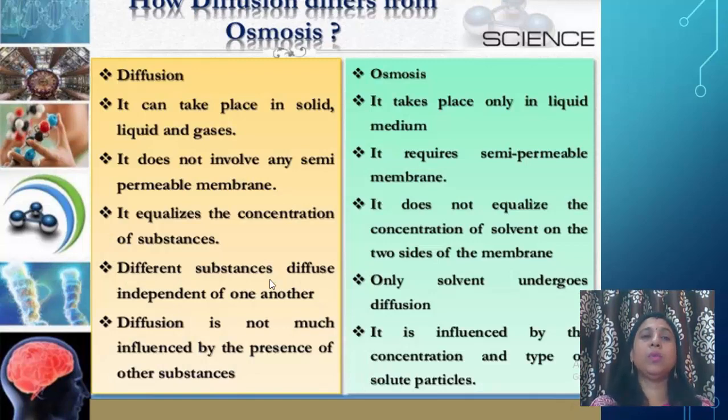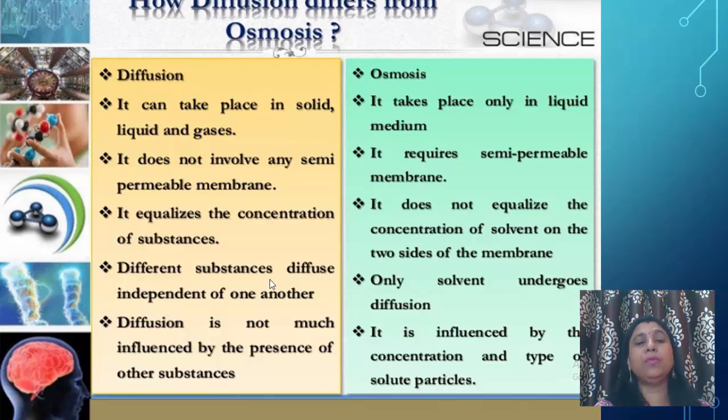Now, difference between osmosis and diffusion. Diffusion can take place in solid, liquid and gases, whereas osmosis takes place only in liquid medium. There is no involvement of semi-permeable membrane in diffusion, whereas osmosis requires a semi-permeable membrane. In diffusion, it takes place until the concentration of the two media is equal, means it equalizes the concentration of substances, whereas in osmosis it is not necessary that the concentration of solvent on the two sides of the membrane equalizes.